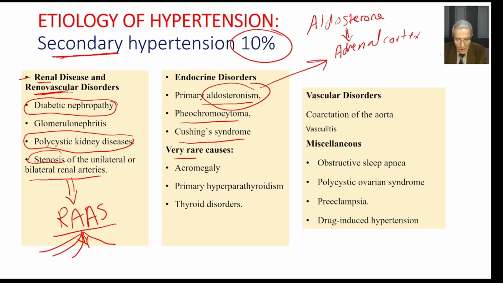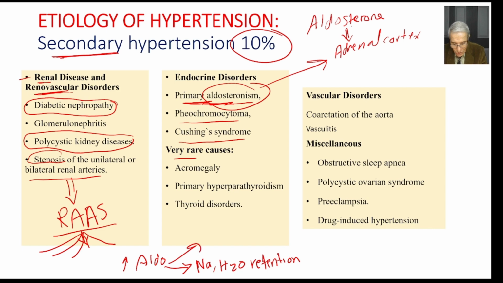Okay, and if the patient suffers from aldosteronism, hypersecretion of aldosterone, the aldosterone will be high. So what happens if the aldosterone is high? The result will be sodium and water retention.